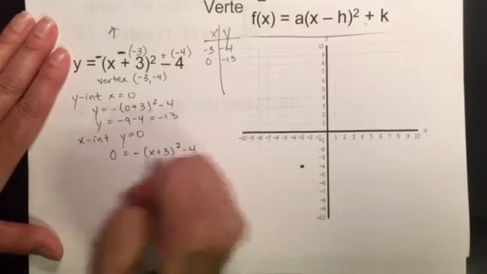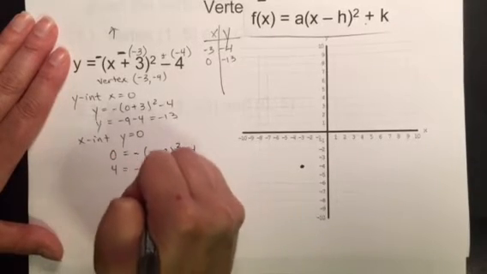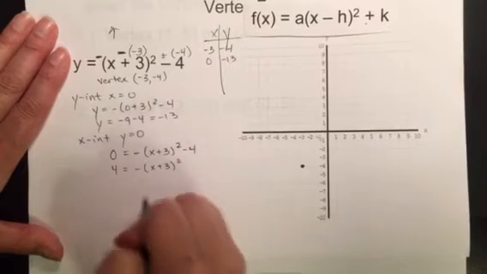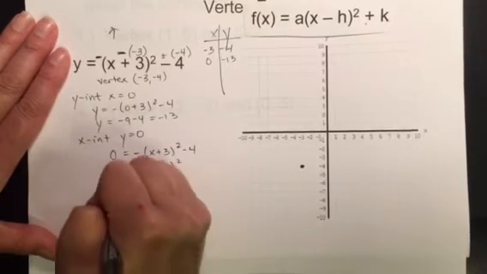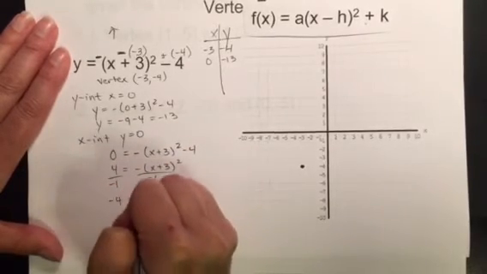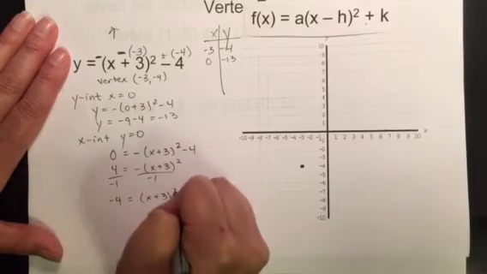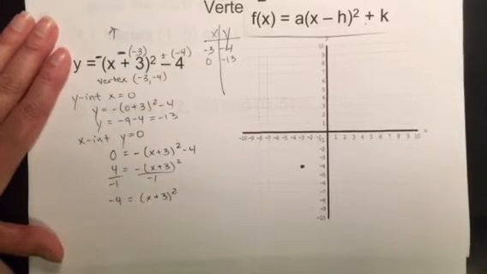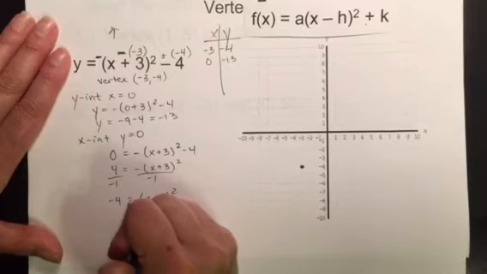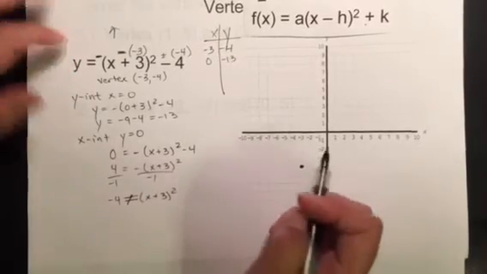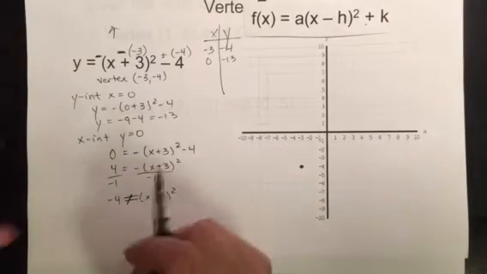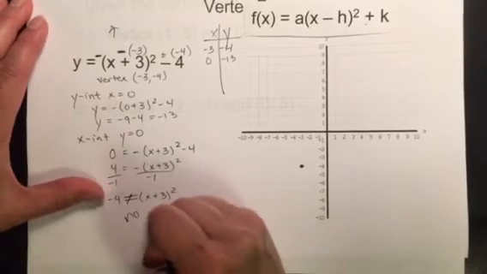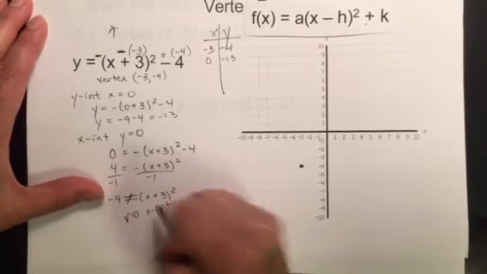Put the 4 on the other side: negative 4 equals negative x plus 3 squared, divide by negative 1. Guess what? We've got negative 4 equals x plus 3 squared. And a square can never be negative, so that is not equal, and therefore there are no x-intercepts.